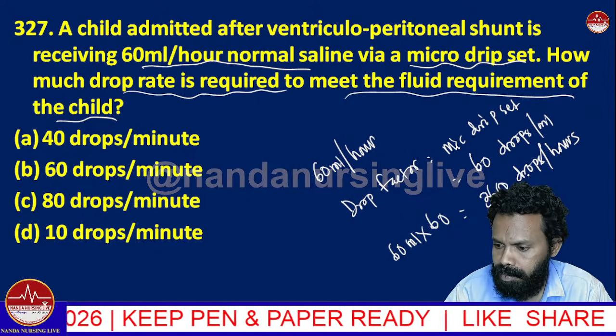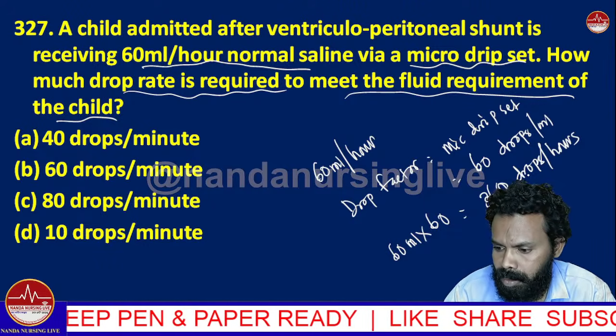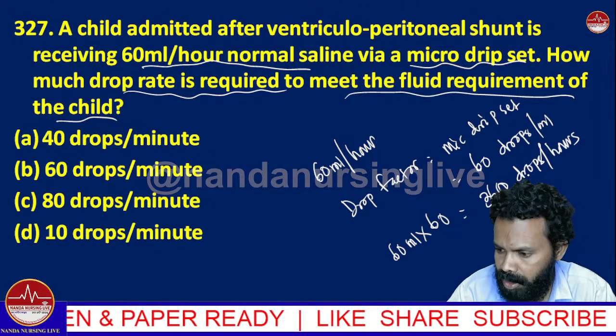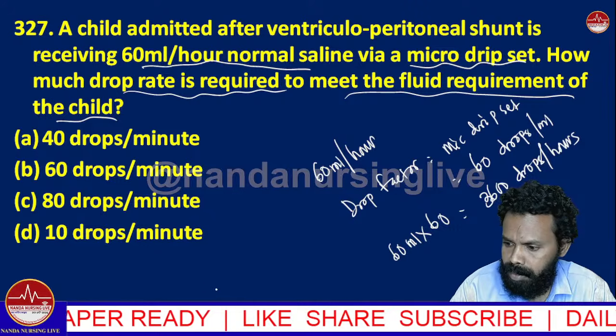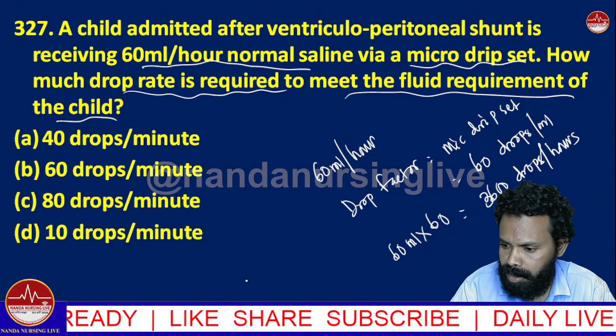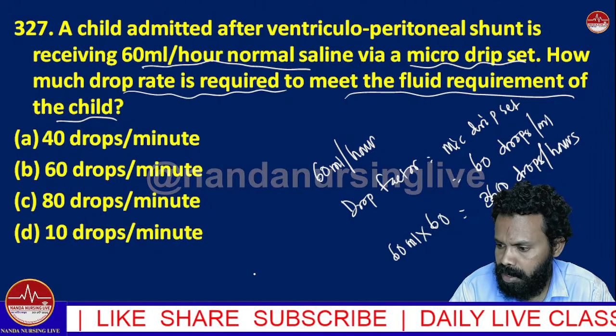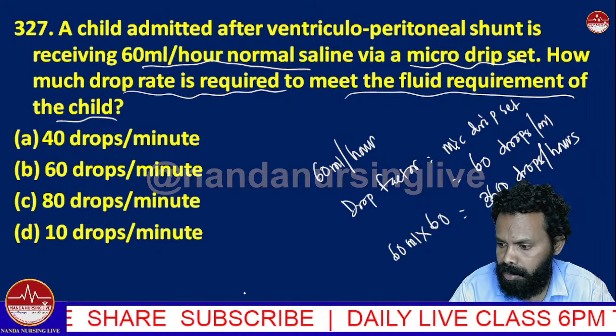Now calculate drops per minute. Divide the total drops per hour by 60 minutes in an hour.